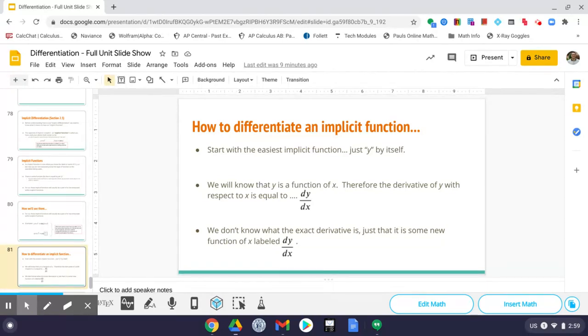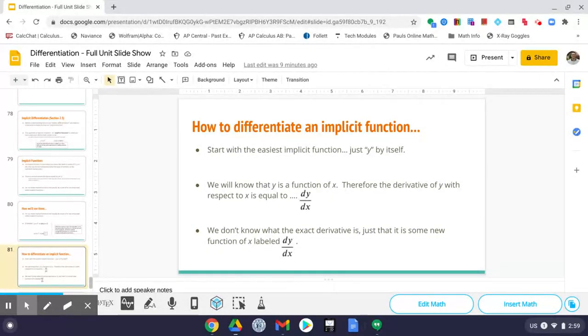Okay. So if I just put y on the page and I say, find the derivative of y, how do we do that? Well, again, y is some function. It could be e to the x, it could be sine, it could be tangent, it could be all these different things. And if I knew what that was, I could use one of the rules that we have and say, well, here's the derivative, f prime equals blank. But I don't know what it is. I just know I have y.